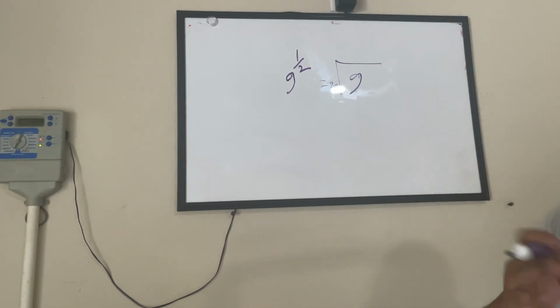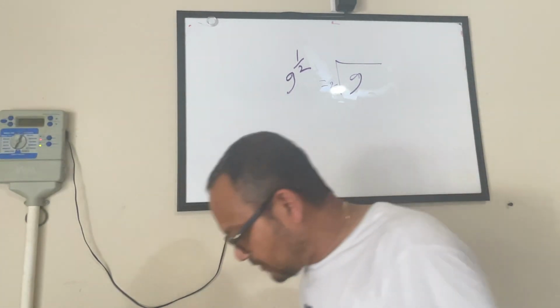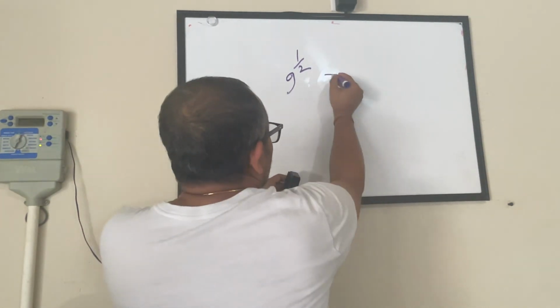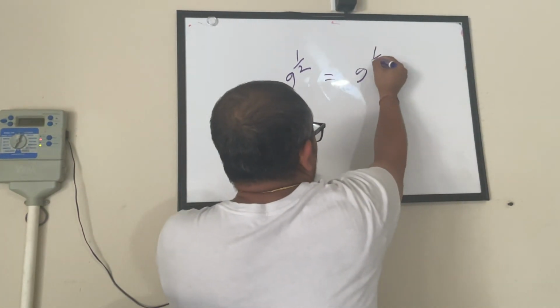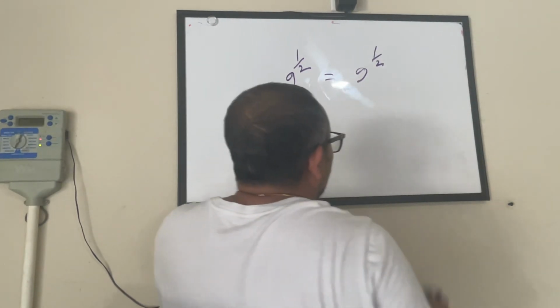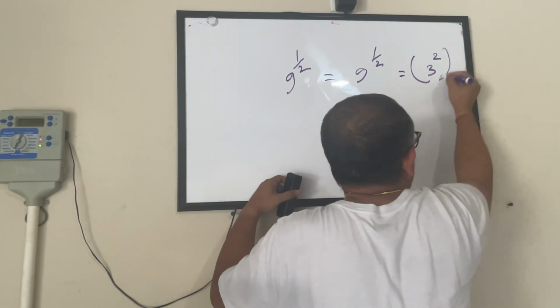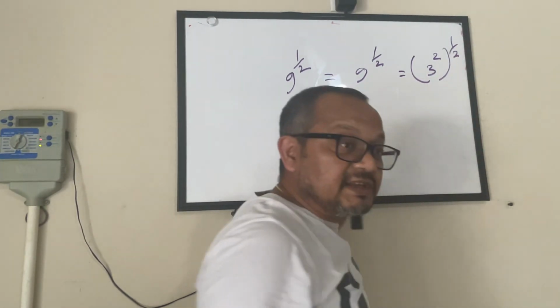Now, let me make it a little interesting and easy for you guys. So, if I have something like this, 9 to the power 1 by 2. Now, you guys know 9 is 3 square. Is it the same thing?